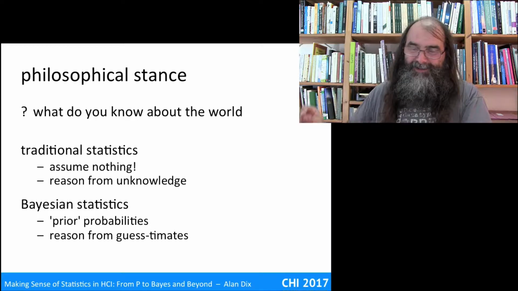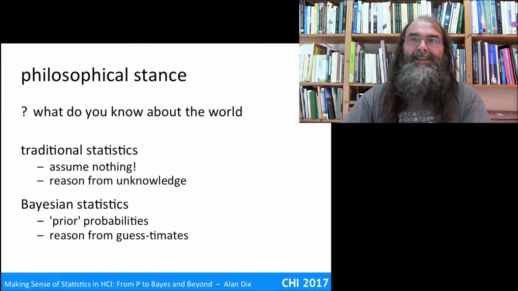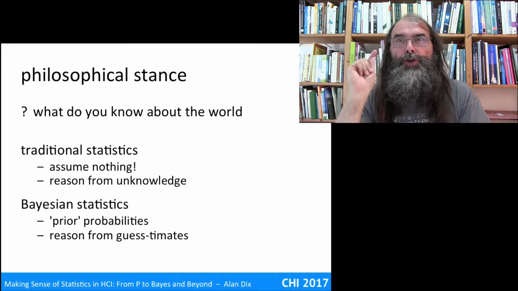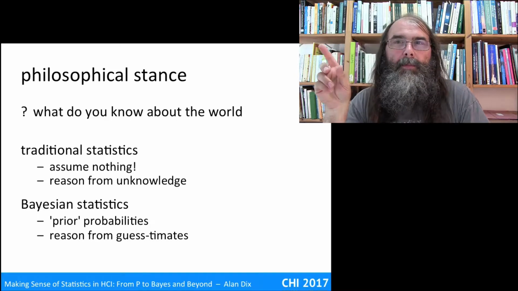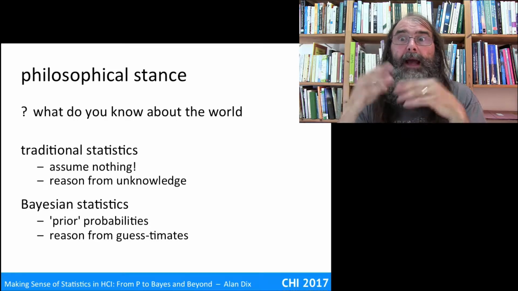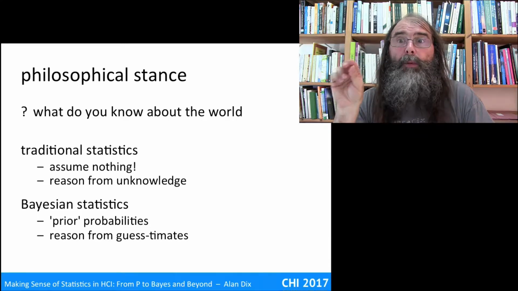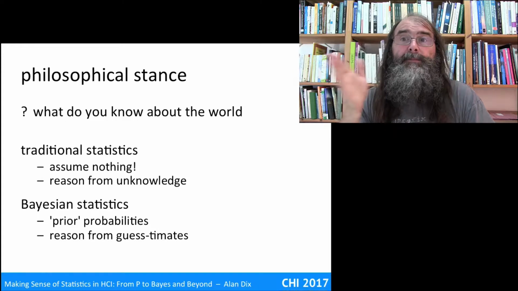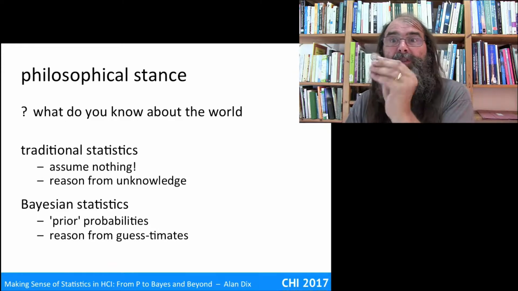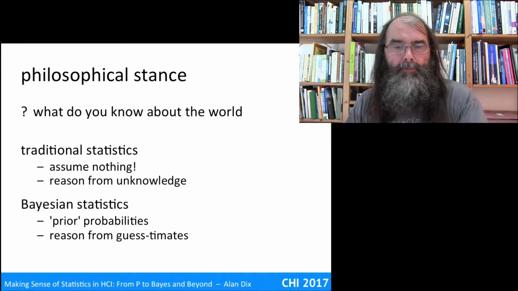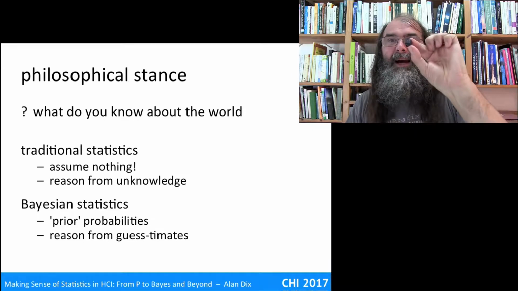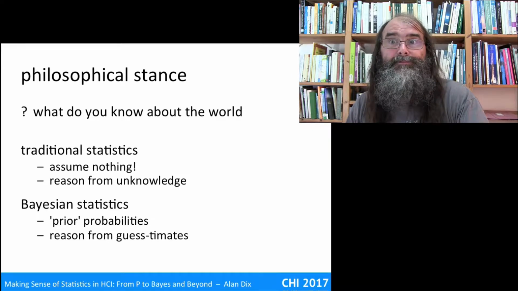Bayesian stats uses these prior probabilities. It says, you name the likelihood of these things. So instead of saying, I don't know, it says, put a number on it, put a probability on your system being better, put a probability on this being a fair coin or not, put a probability on whether my little die here is loaded.